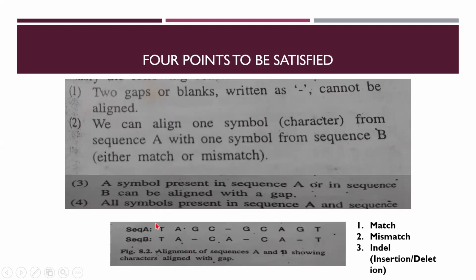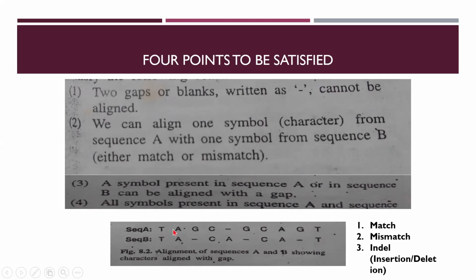In the columns, it can be a match, identical characters can be aligned with each other. This is also a match, this is also a match. Or it could be a mismatch. In this particular example, we are not seeing any mismatch, but when a character in sequence A is aligned with another character of sequence B, it need not be all the time identical characters aligned with each other.